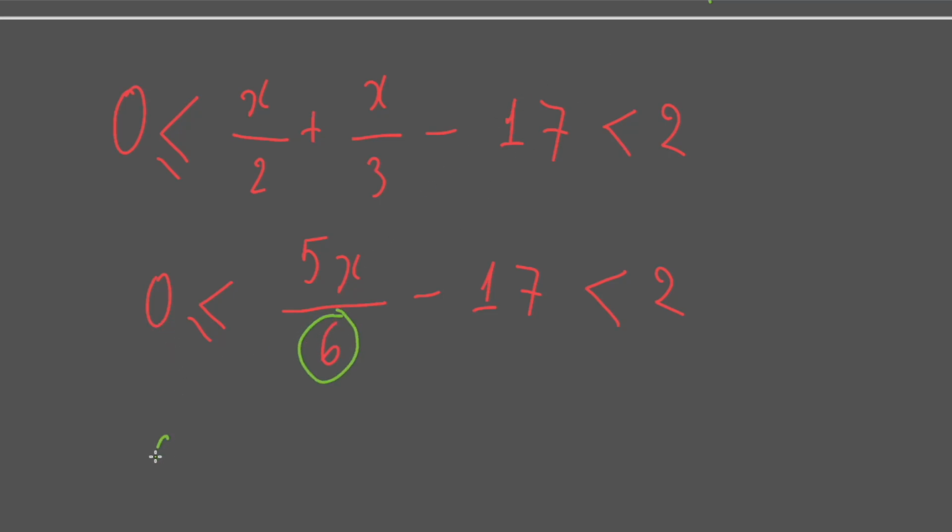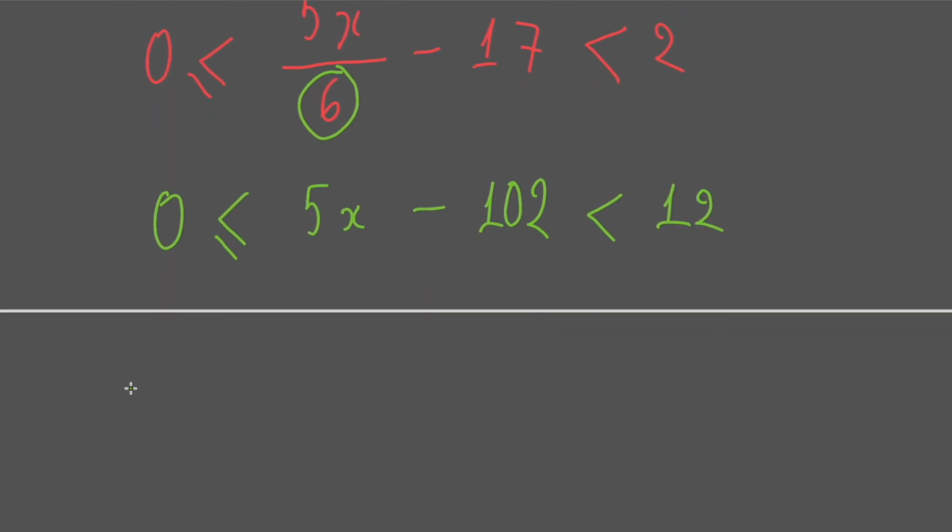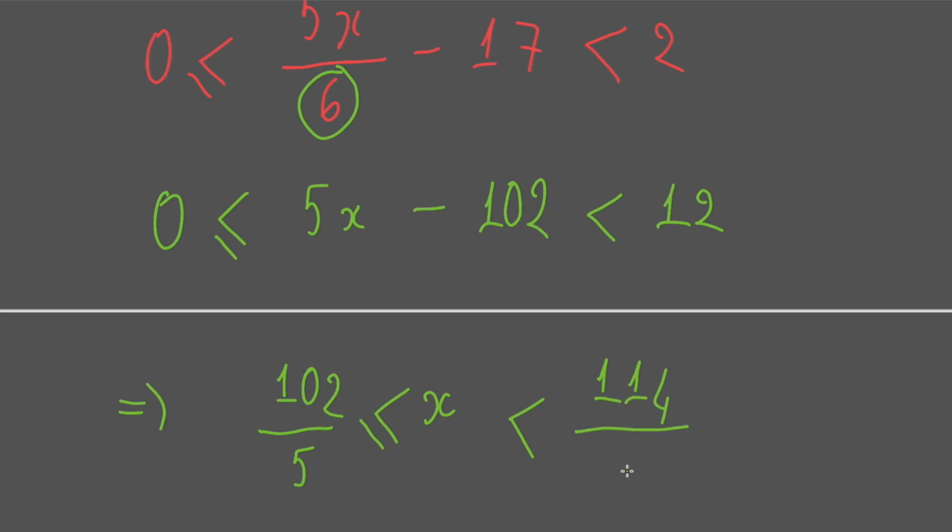Then it would be 0 smaller or equal to 5x minus 102 smaller than 12. Then you can easily find the domain of x: x would be greater or equal to 102 over 5 and smaller than 114 over 5.